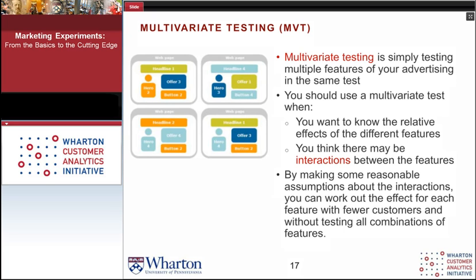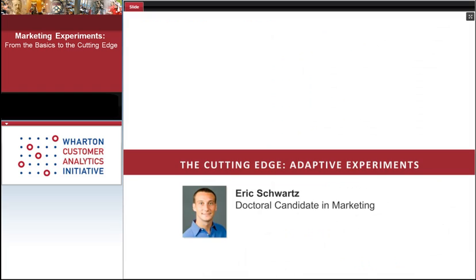All right, so that wraps up the basics. I hope I've given you, in 23 minutes, a quick overview of marketing experiments and the many opportunities for them. But next I'd like to switch gears and get to what I think is the meat of today's webinar, which is Eric Schwartz.